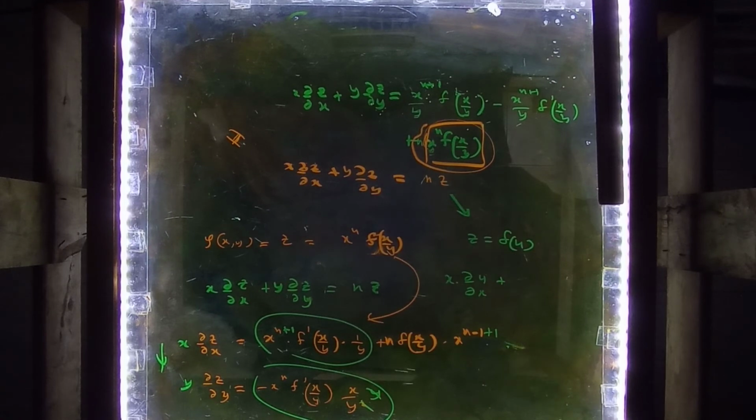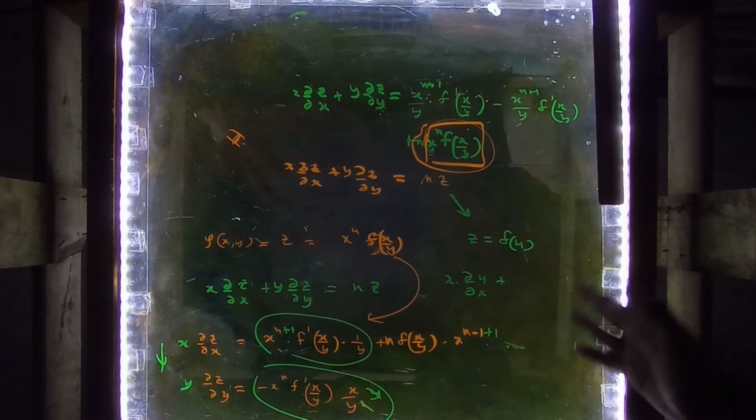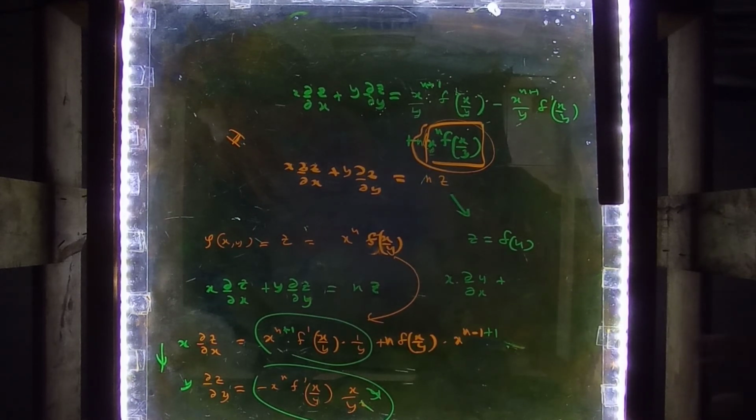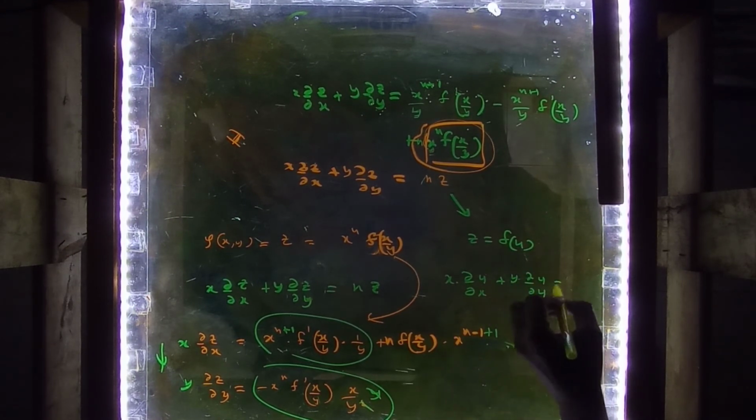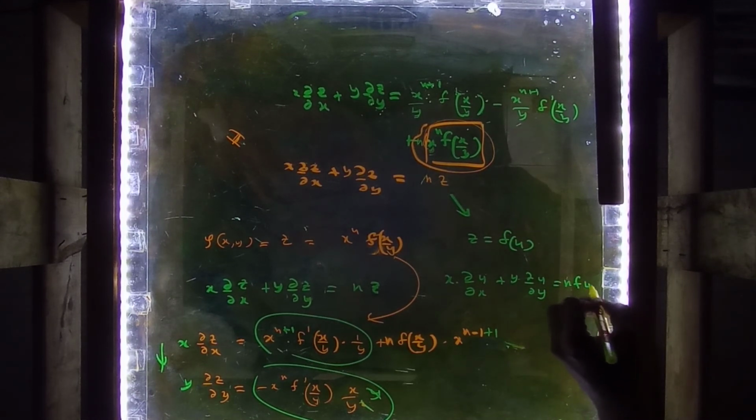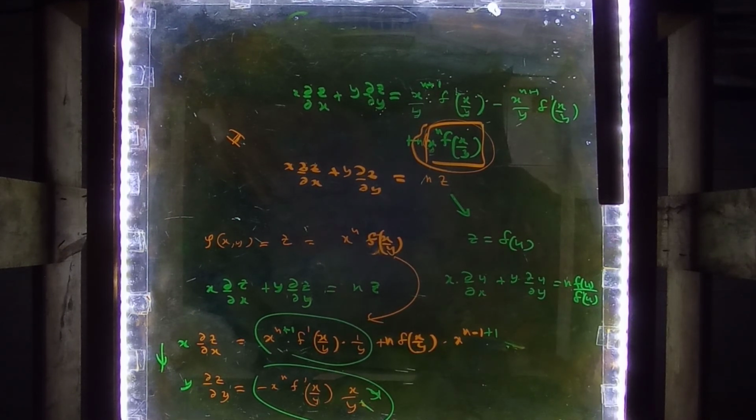It looks pretty close to the earlier expression, but there is something different, because we may use this directly to represent the homogeneous function as a function of u. Then y times partial u with respect to y is going to be equal to n times f of u upon f prime of u. You need to show this one. This would be the second identity.